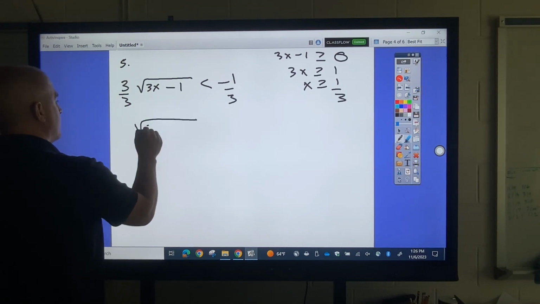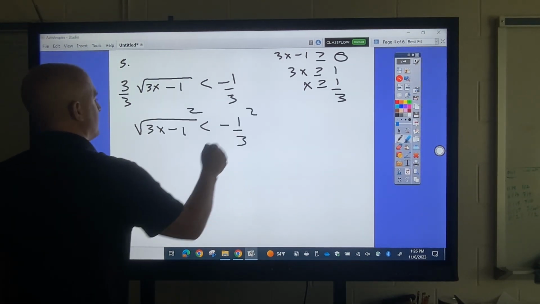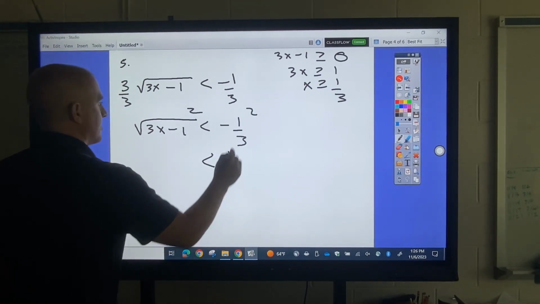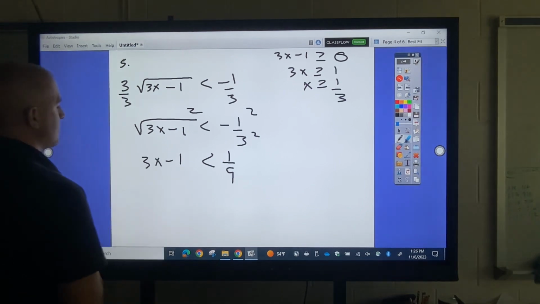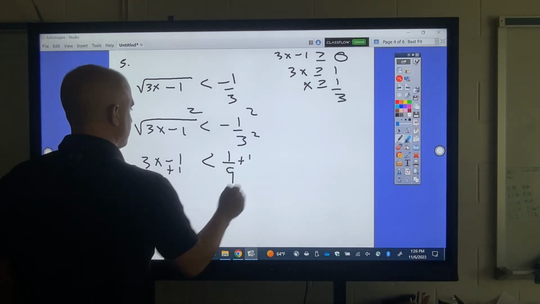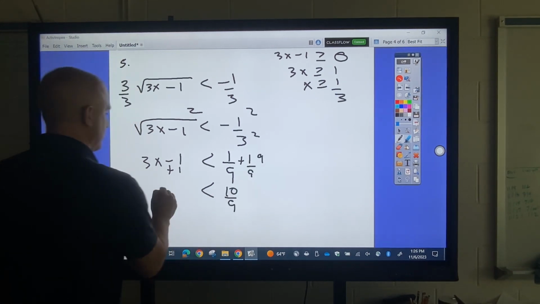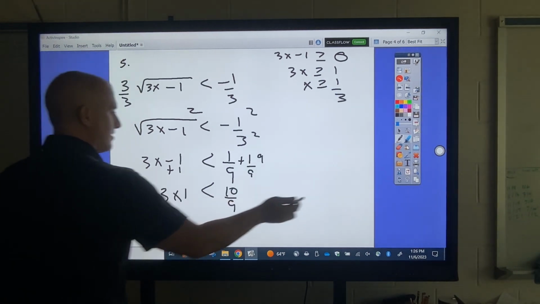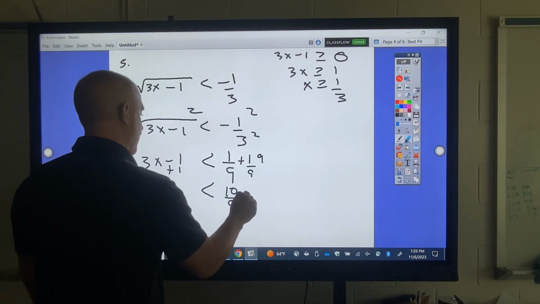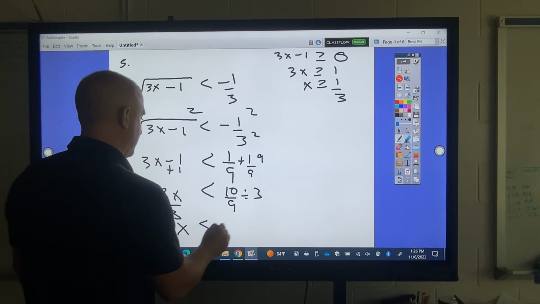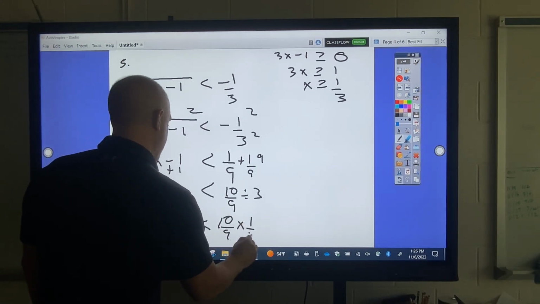So this 3x minus 1 less than -1/3. Square both sides. So that'd be 1/9. Because if I square both of those, 1 and that. Okay, I add 1. So common denominator is 9/9, so that's 10/9. 3x plus 3x equals 10/9. Divide by 3. Okay, so x less than 10/9 times 1/3.